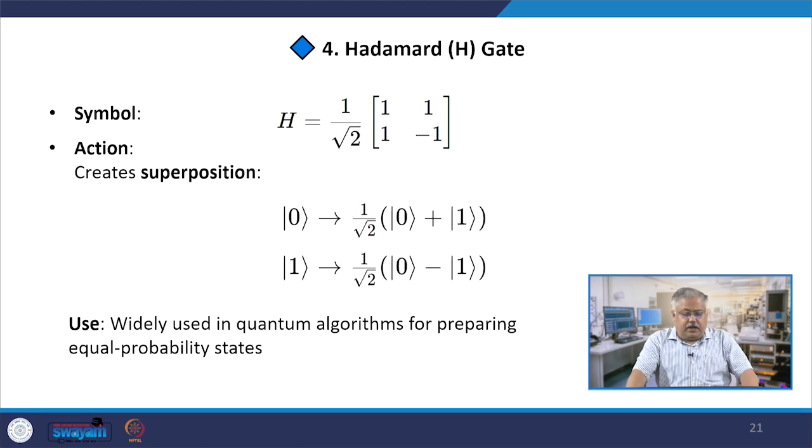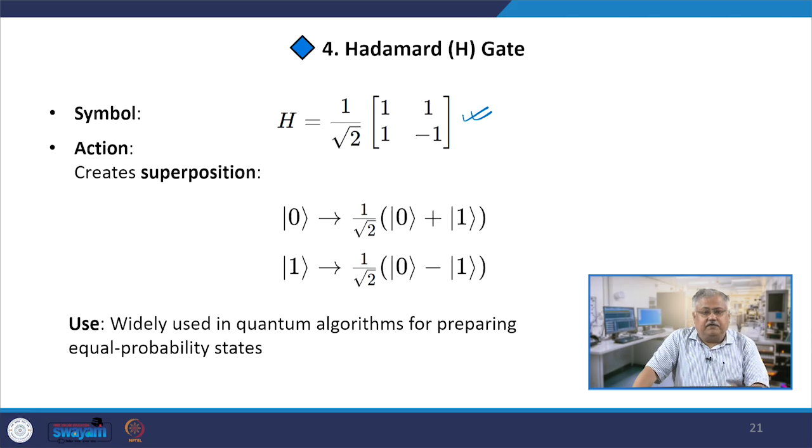Let us look at the Hadamard gate, used very often, and this is the symbol you use: H equals 1 by root 2 times the matrix with 1, 1 and 1, minus 1. If you look, this basically creates a superposition. When you put a 0 here as the input, it comes out as a superposition.